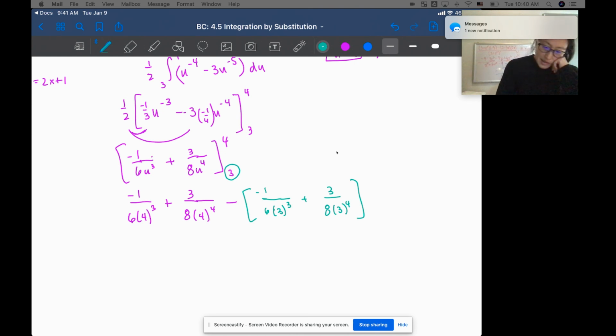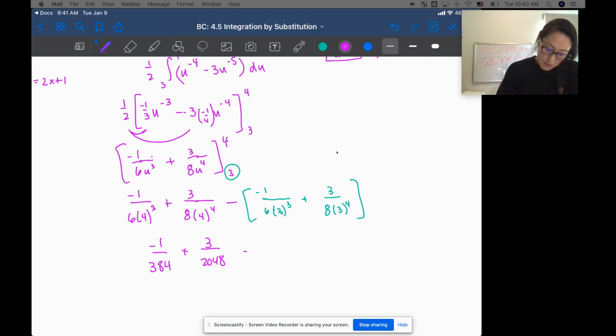All right, we got this. All right, I have negative 1/384 plus 3/2048. Okay, a minus times a minus is a plus, 1/162. And then a minus times a plus is a negative, so 3/648.